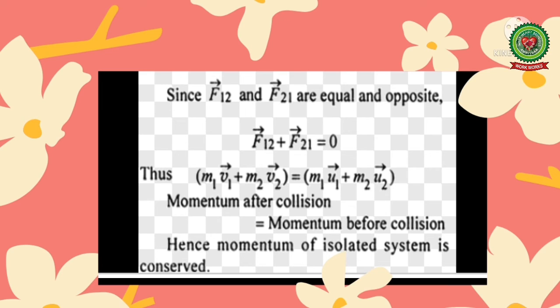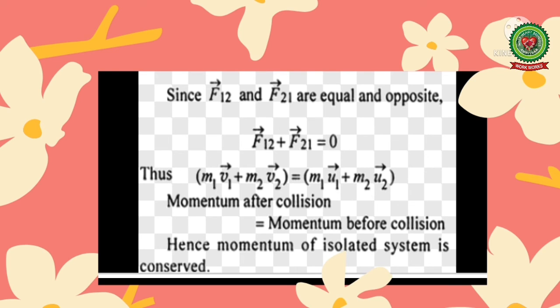That is, momentum after collision is equal to momentum before collision. In this way, we can say the momentum of an isolated system is conserved. Students, in this way, we can derive the law of conservation of linear momentum using Newton's third law.